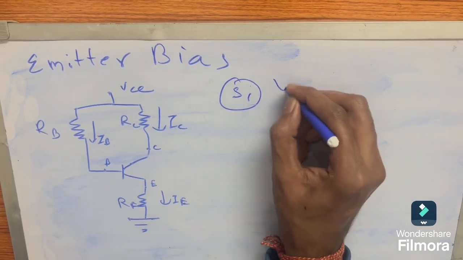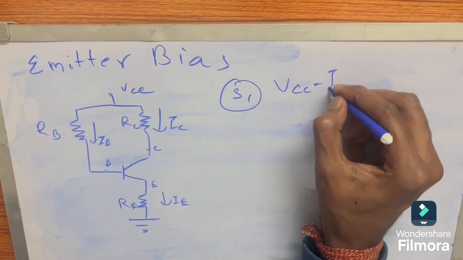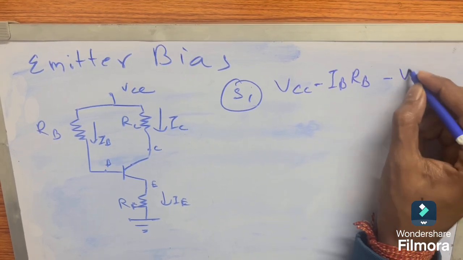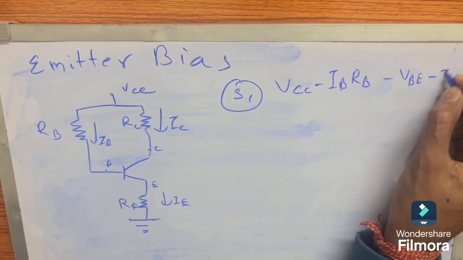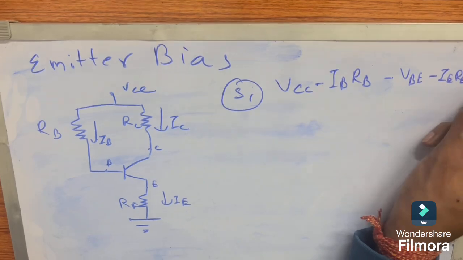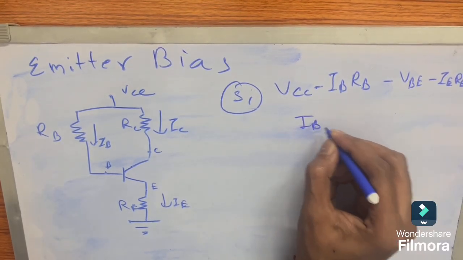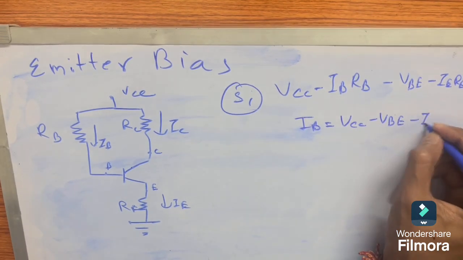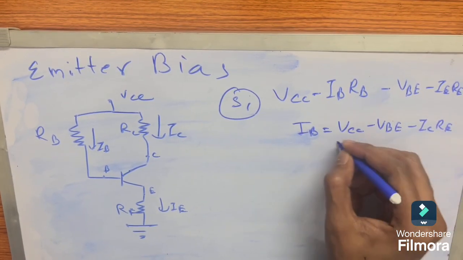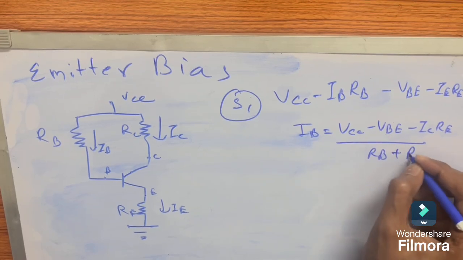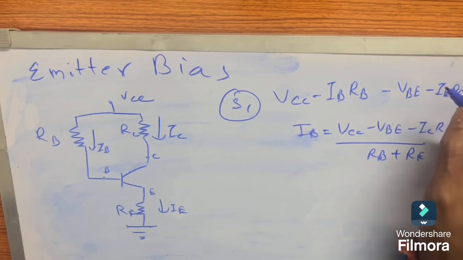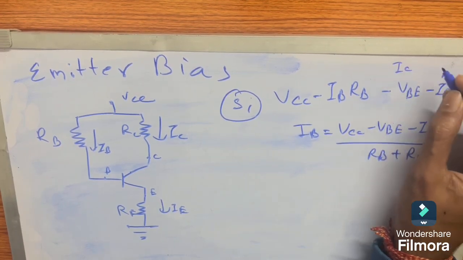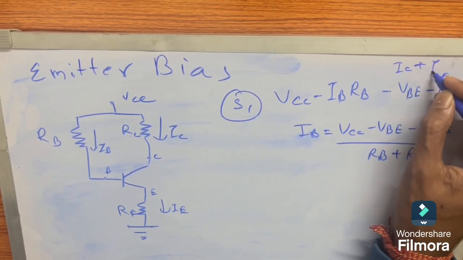Applying KVL, VCC minus IB RB minus VBE minus IE RE equal to 0. From this we can see that IB equals (VCC minus VBE minus IC RE) by (RB plus RE), because IE is nearly equal to IC, since IE equals IC plus IB.